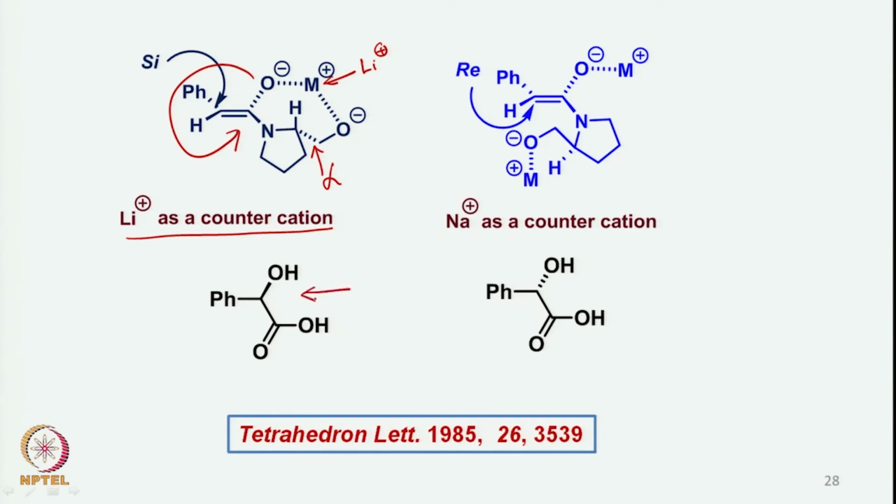On the other hand, when the sodium base is used, sodium is a counter cation which is not as good in terms of chelating as lithium is. Now we also have an enolate which has this type of counter cation, a sodium plus, and here also the OH is deprotonated and you have a sodium plus.